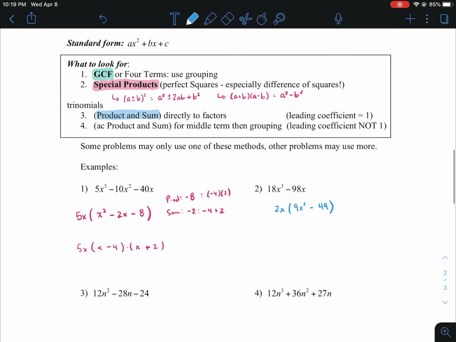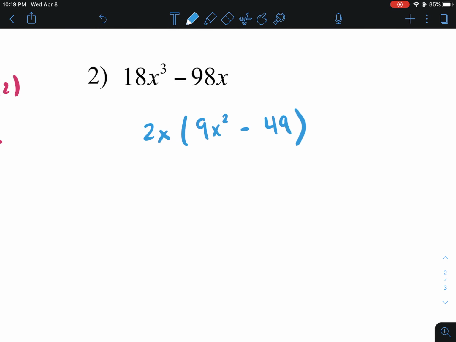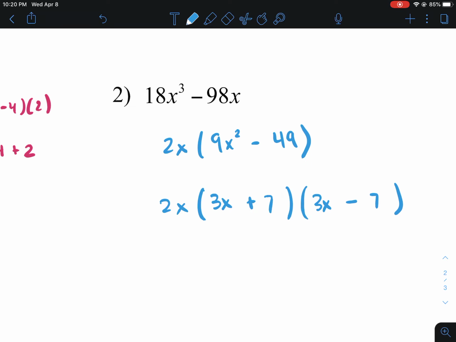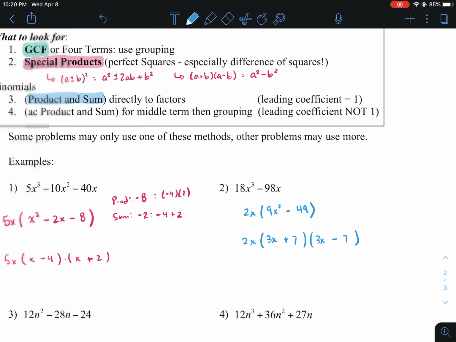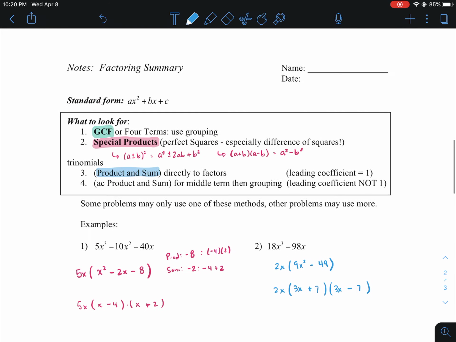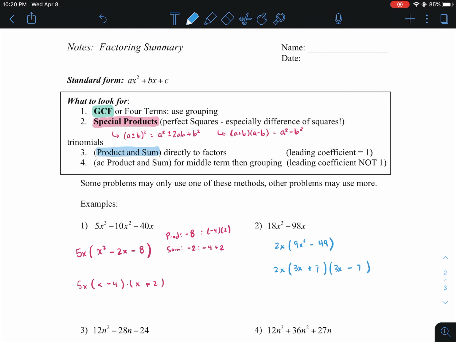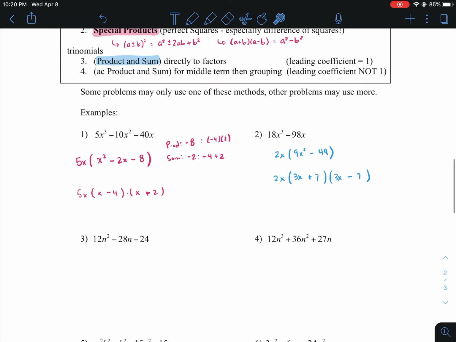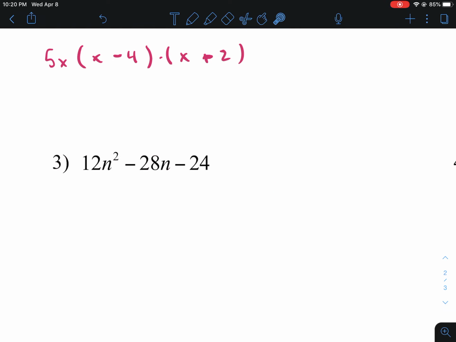And so this 9x squared minus 49 is going to factor to a plus b, a minus b, in this case 3x plus 7, 3x minus 7, and don't forget that GCF, okay? So there is our completely factored form right there. It's just going down the line and seeing how I can break up these polynomials.